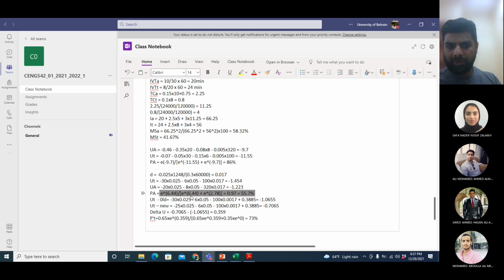But the utility function should be only the new one for the transit as well as the auto. Okay, but if you want to use this equation with the difference of the utilities, then this is the equation for that.